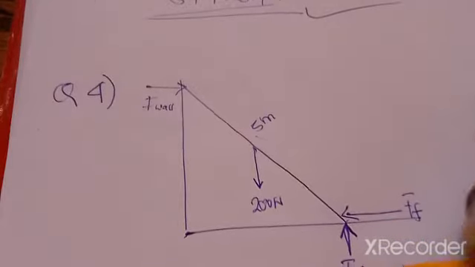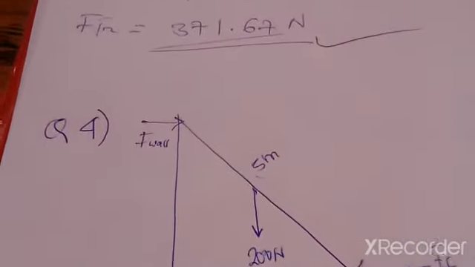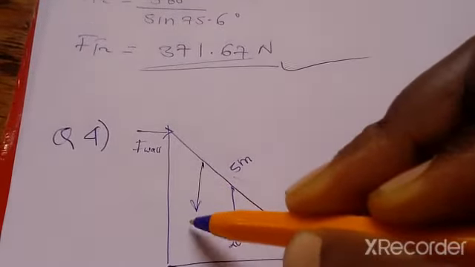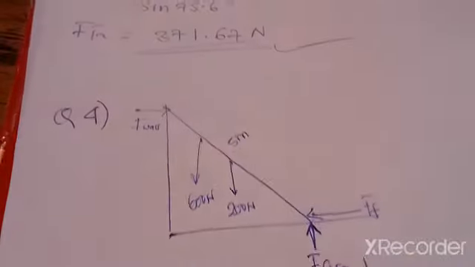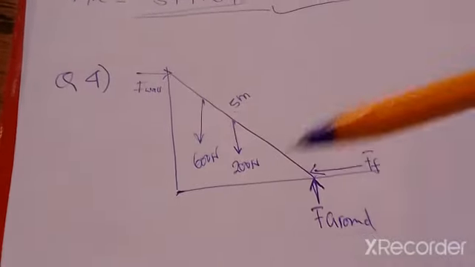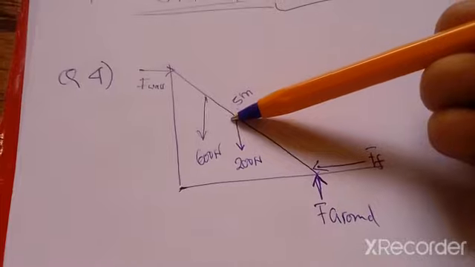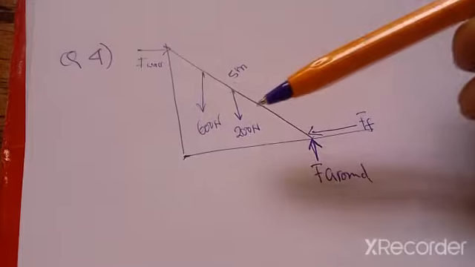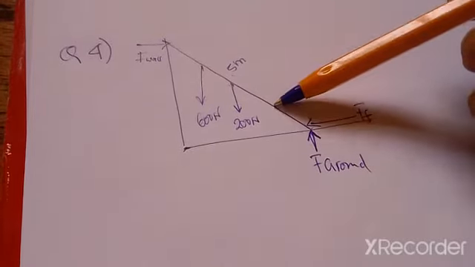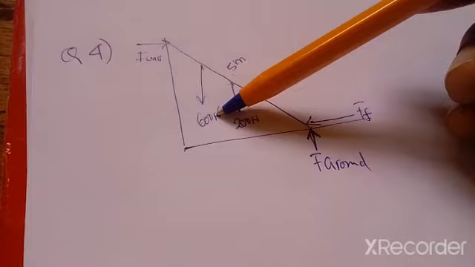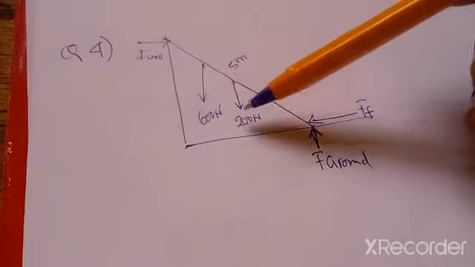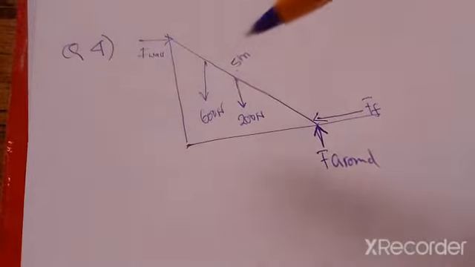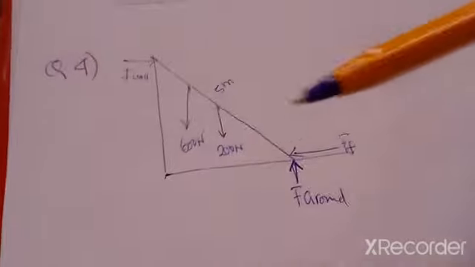Now we've also been told that there's a man who has climbed up the ladder and he's weighing 600 newtons. All right, 600 newtons. The reason why I have put the 600 Newton much further than the 200 Newtons is because obviously if this person is going to climb, is going to be heavier than the ladder itself, for it to slip, the person would have gone a distance from the center.